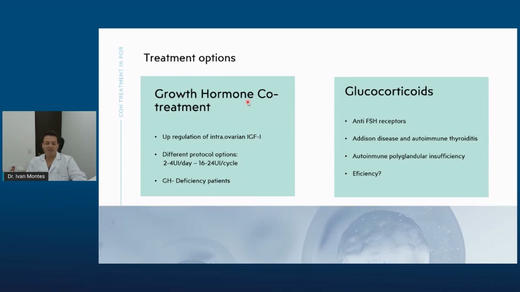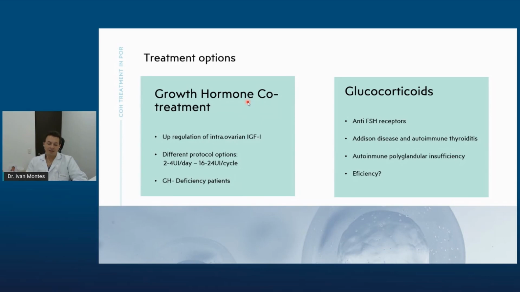Dakhly examined the role of growth hormone in a prospective randomized controlled trial with 240 patients using the Bologna criteria, because this study was before the Poseidon criteria.